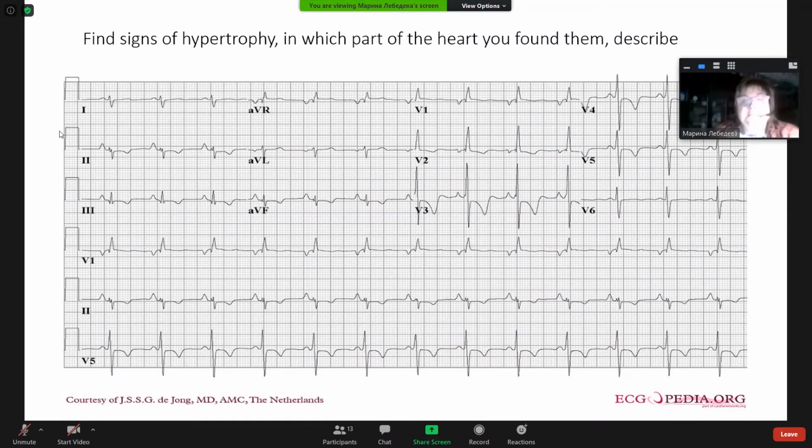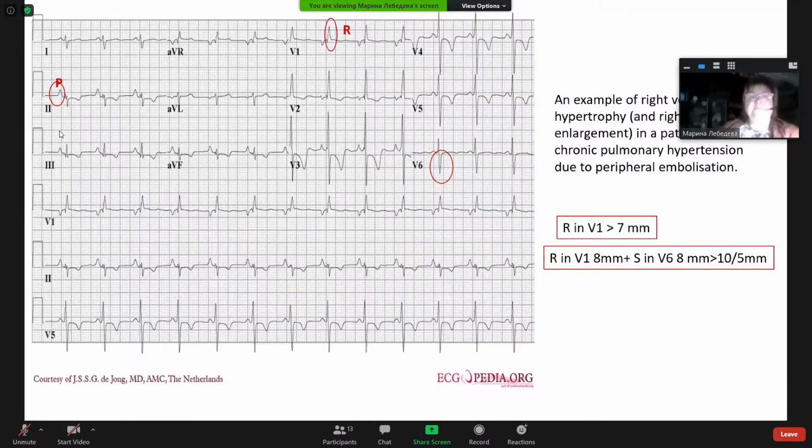Let's discuss this clinical case. Also, we have a prolonged fifth chest lead where we can see P before each ventricle complex. So it is sinus rhythm.